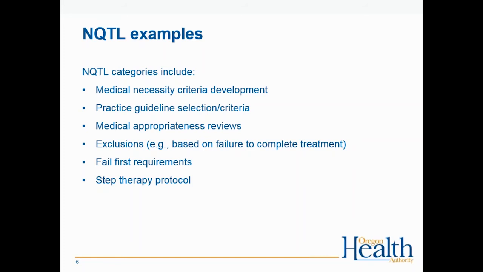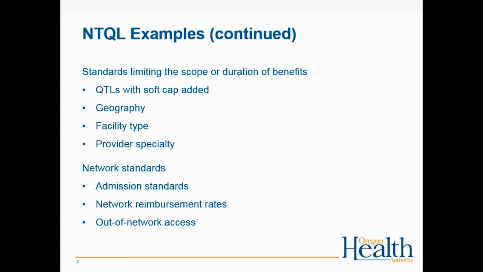NQTLs cover a broader set of restrictions as well. These can include service reimbursement methodologies, and this really applies to how various provider types are reimbursed under different services, mental health versus medical surgical. Familiar NQTLs would be authorizations, prior authorization, concurrent review, retrospective review.